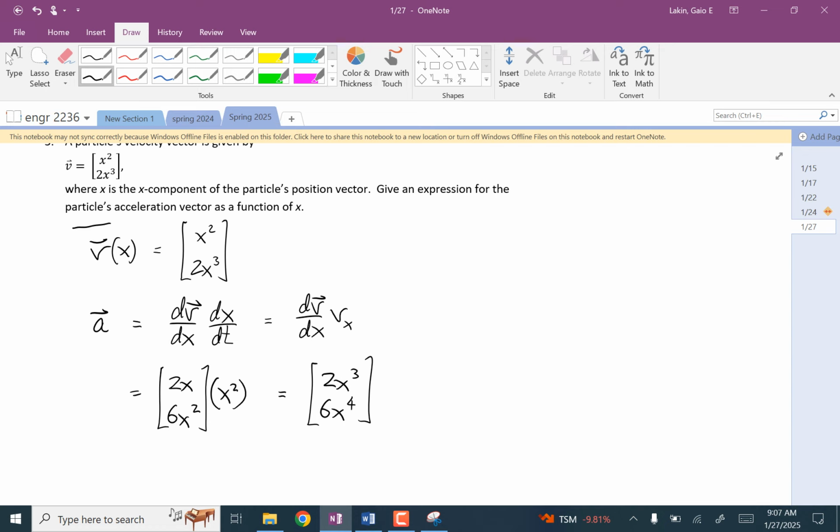Oh, like as a single number? This is it. If you want to know what the acceleration vector is at x equals 4, then just plug 4 in there and that tells you the acceleration vector. So this gives it to you as a function of x. You know it at every location.